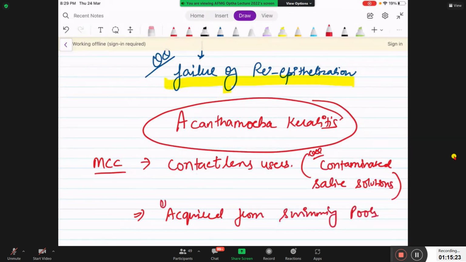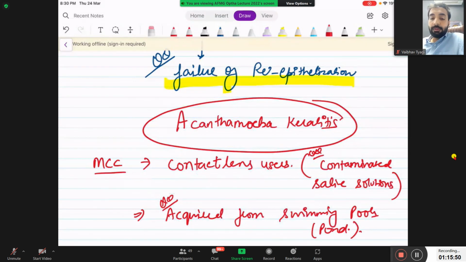Important question. If they have given in the history that two children were swimming, or swimming in a pond, and they got sudden painful loss of vision and watering, it indirectly gives you a hint that it is acanthamoeba keratitis.